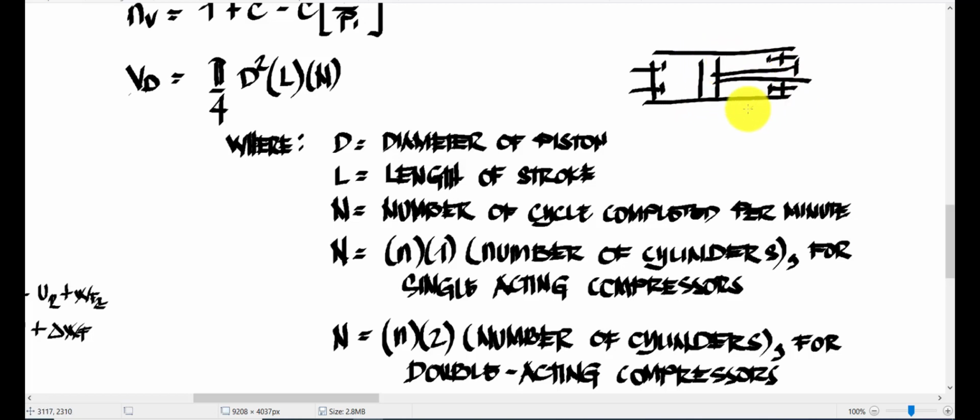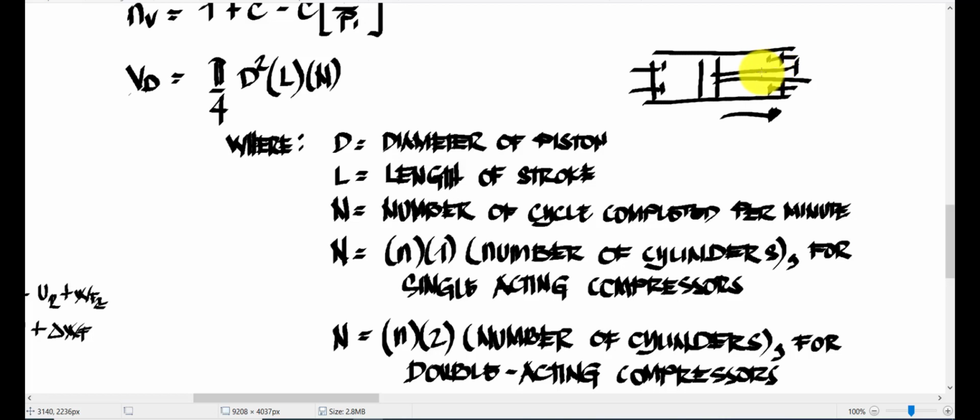During the suction stroke, going up, you have to supply volumes of air being displaced, and during the suction stroke it is also a compression stroke at the bottom part of the piston.